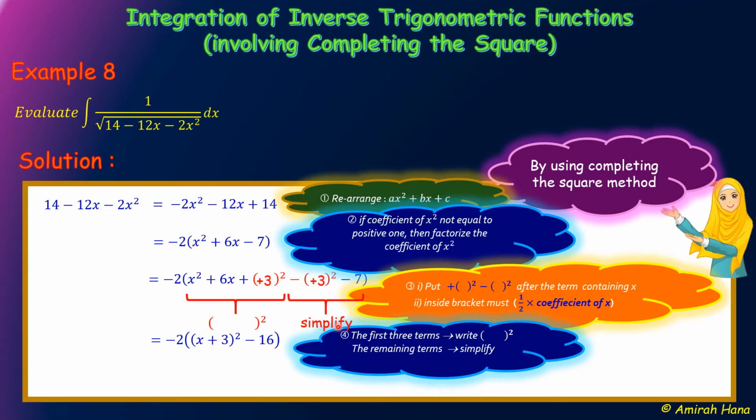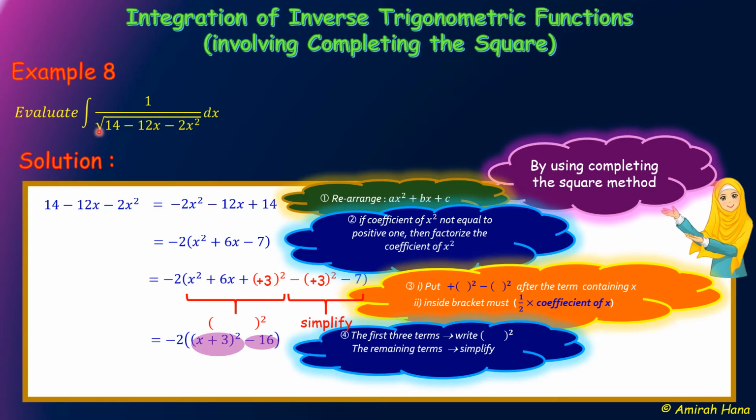And then the remaining term, we need to simplify. So negative 9 minus 7 equals negative 16 here.